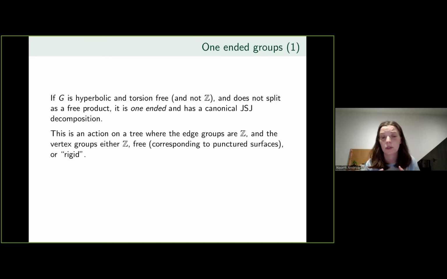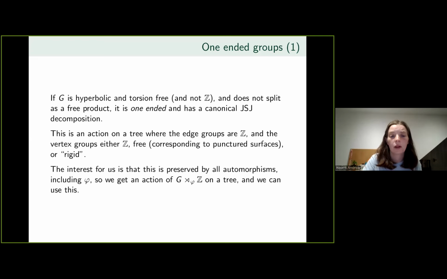The vertex groups come in 3 flavors in this exact situation. They're either infinite cyclic, or free groups, which somehow correspond to punctured surfaces, or rigid, which means none of the above, and they don't have very many automorphisms. And that's extremely useful.